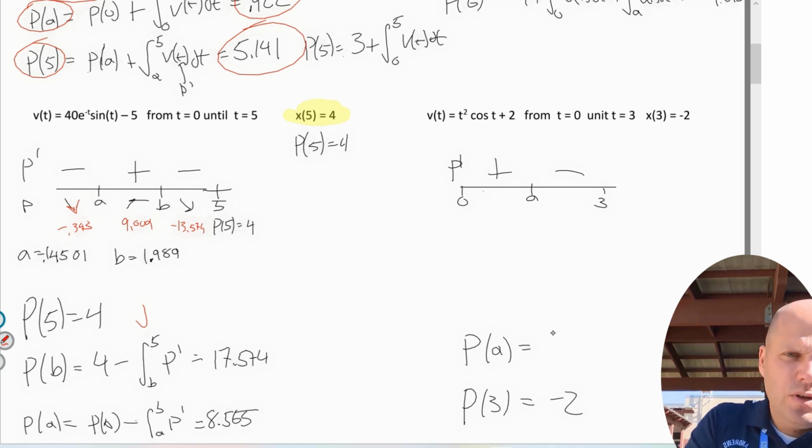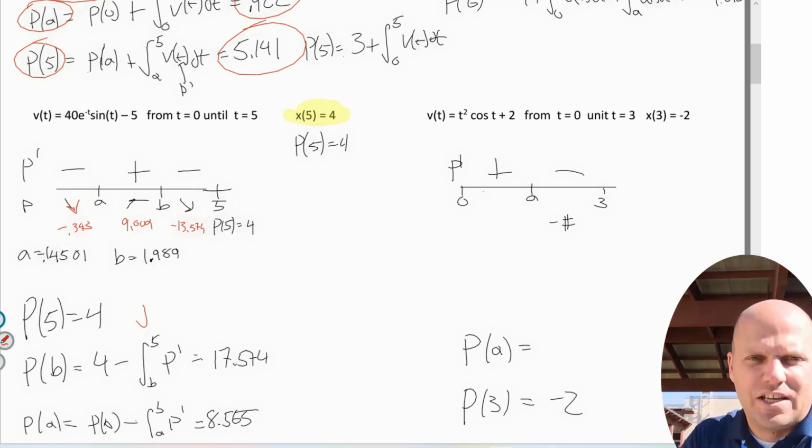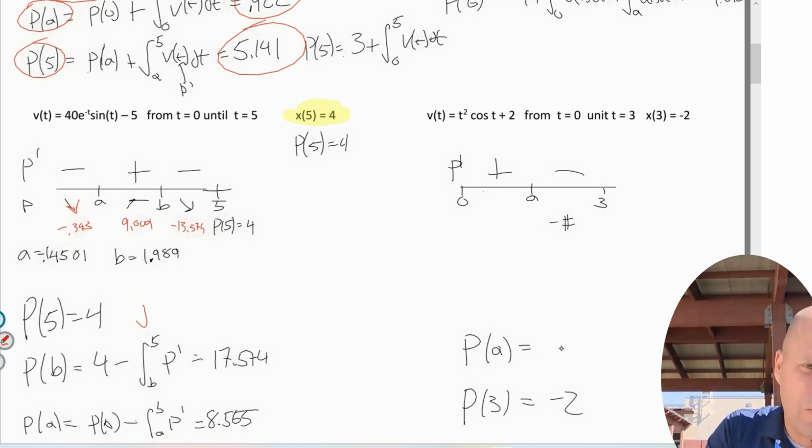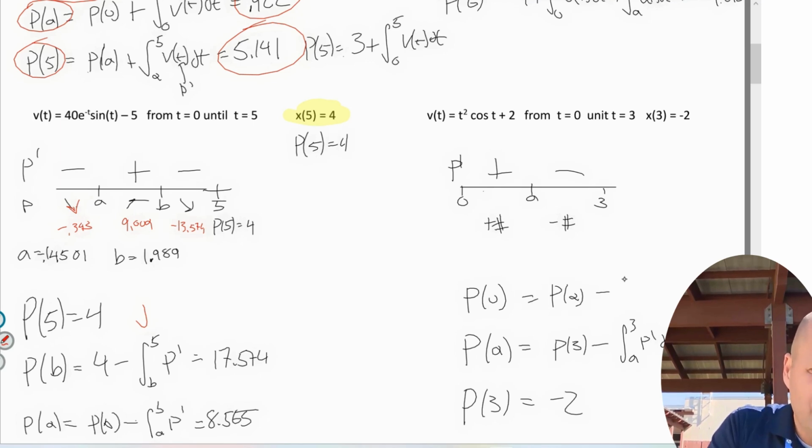I will have to decrease to get to -2. Whatever amount that I decrease, I'll need to subtract that decrease, kind of go opposite. So I'm going to go P of 3 minus the negative accumulation of P prime. And then for P of 0, same thing. I will subtract this positive number from P of A.